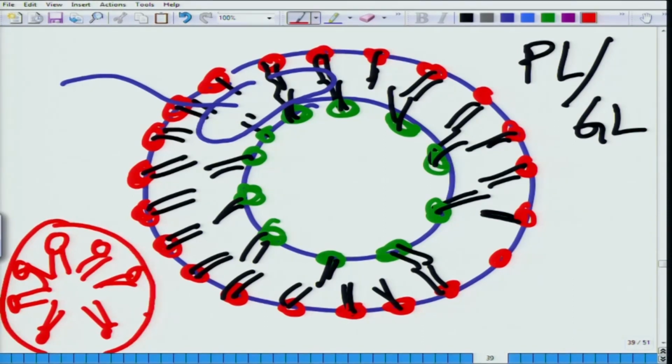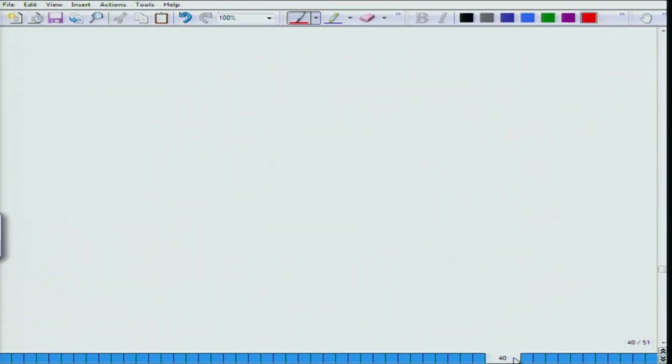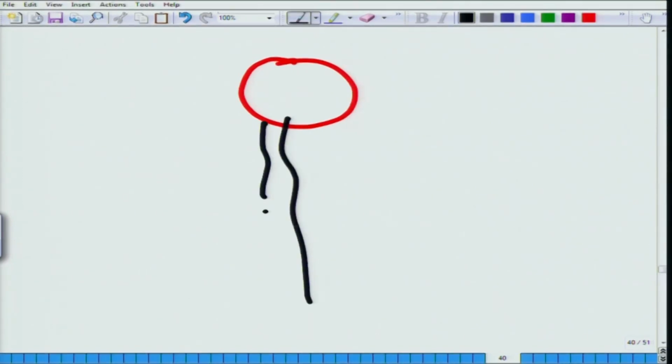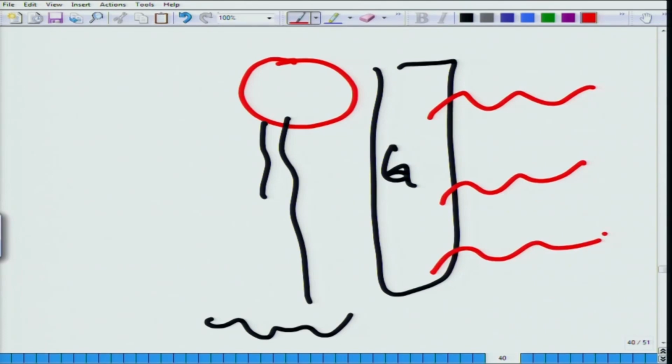This micellar structure is only shown by some lipids like sodium palmitate. They have a single chain. Most of the membrane lipids have this kind of structure; they have two tails. In other words, the moiety has a structure like this. This is glycerol, and they have these bulky chains, which are the fatty acids.